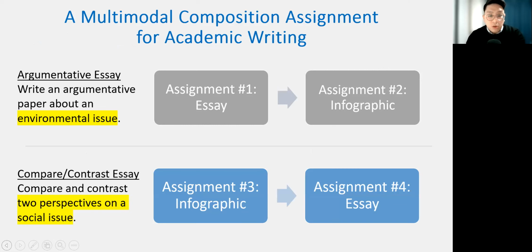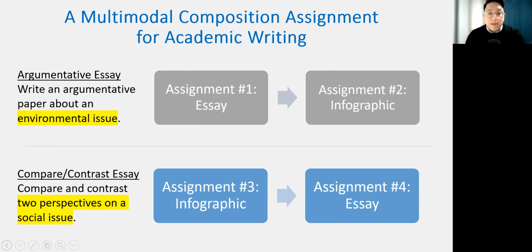So what I came up with was to do something like this. Over the course of a semester, I had students do 4 writing assignments. The first was to write an argumentative essay about an environmental issue. Then I asked them to convert that text-only essay into an infographic, which would be the multimodal composition.